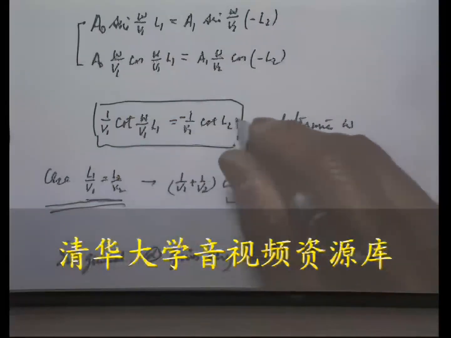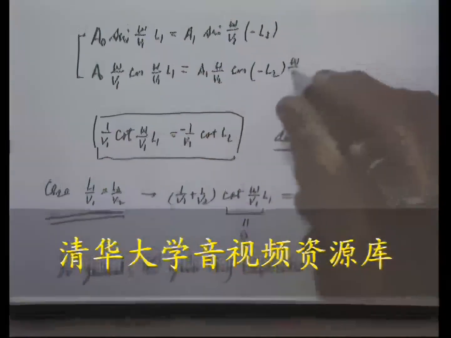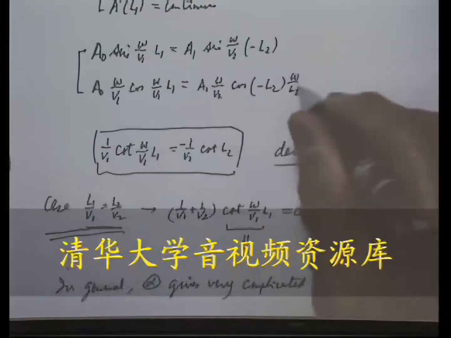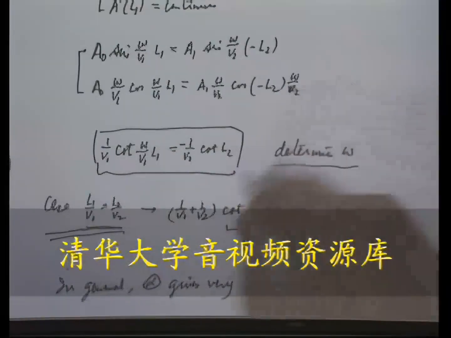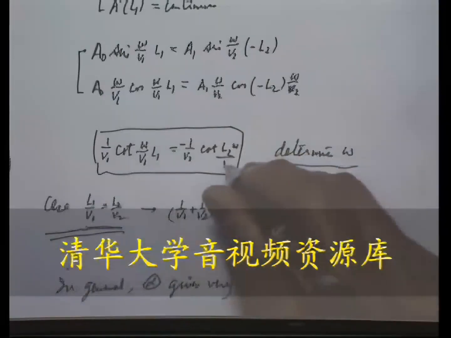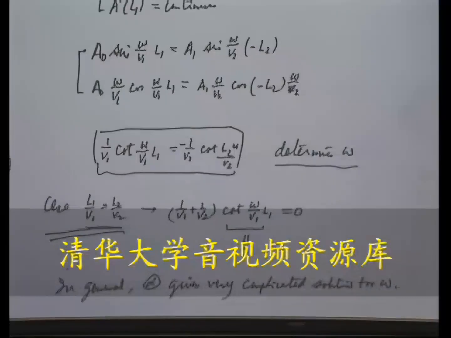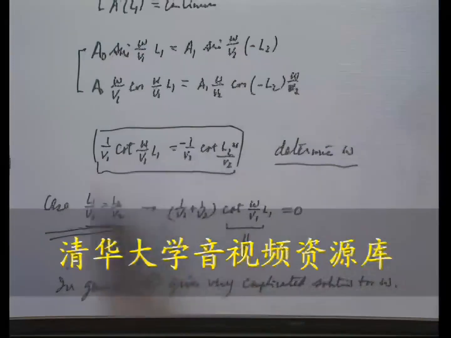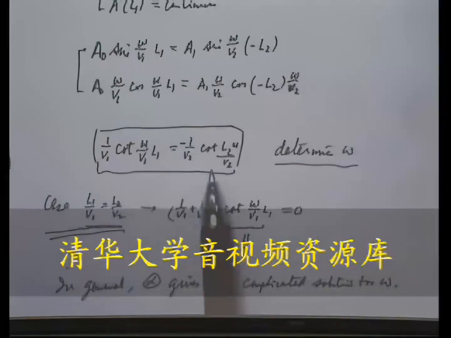So sorry, I wrote it wrong just now, I forgot the omega over V2 here, there is an omega. This equation in general is very complicated, and you get the lowest solution for omega and the next lowest solution of omega may not have an integral ratio of each other.